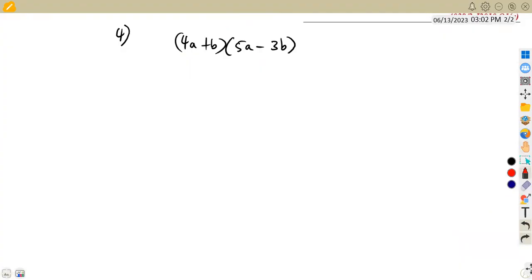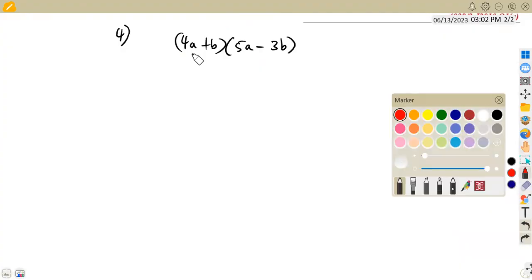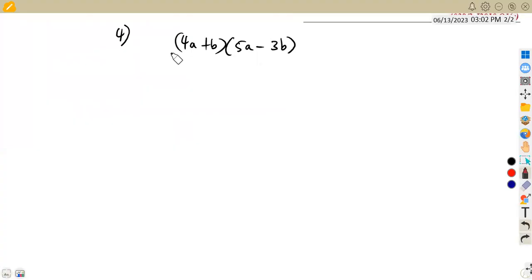We can also expand this typical question where you're given 2 brackets. What you can simply do is let the first term, which is 4a, expand everything in the second bracket. So this is going to be equal to 4a into everything that is in the second bracket, which is 5a minus 3b.